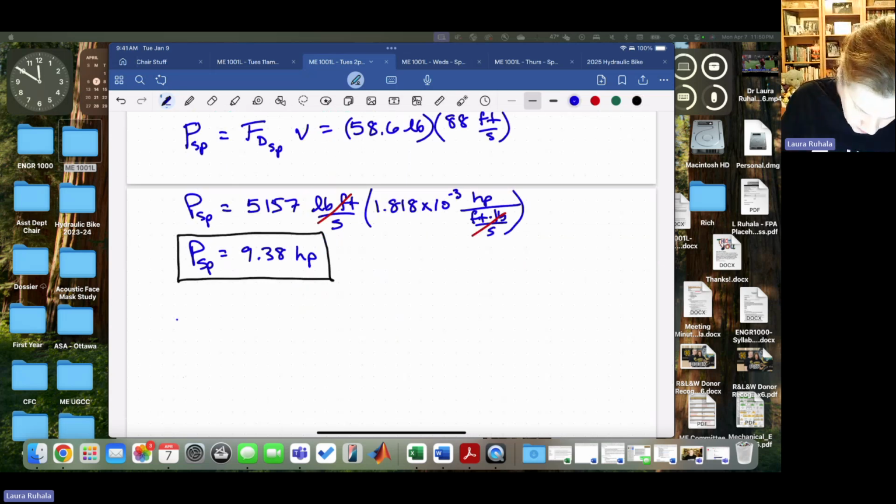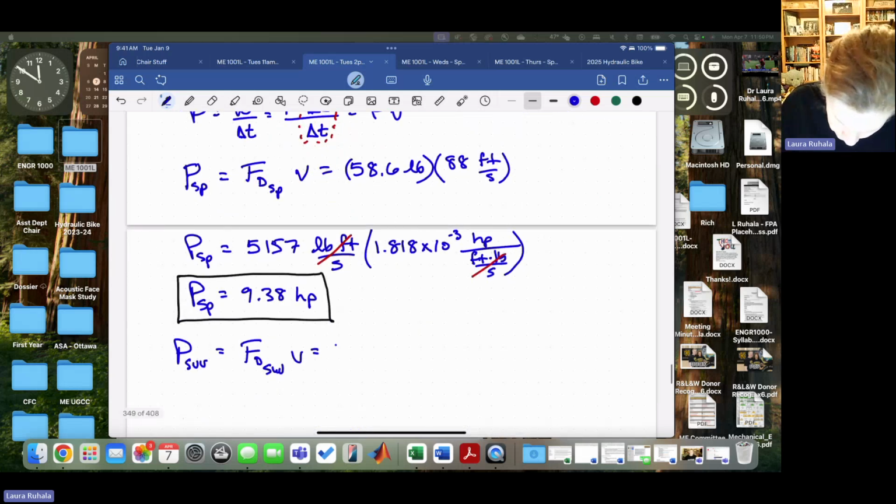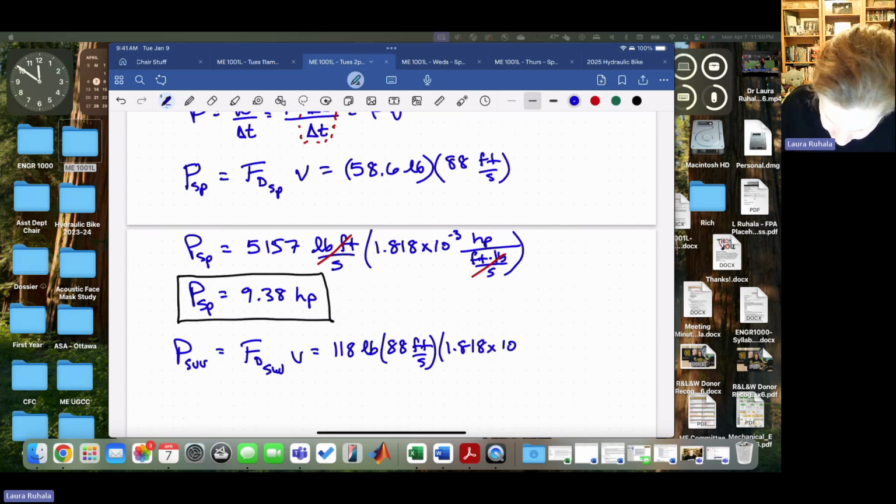Now let's do the power of the SUV, which is equal to the drag force of the SUV times its velocity. So that was 118 pounds times the velocity of 88 feet per second. And now that I know that we need to do this conversion, let's just go ahead and do it right off. So 1.818 times 10 to the minus 3 horsepower per foot-pound per second.